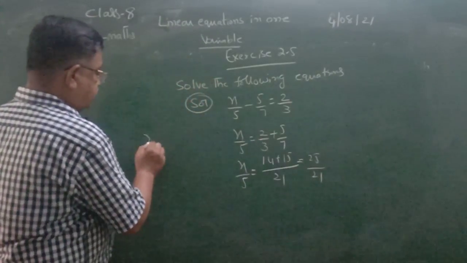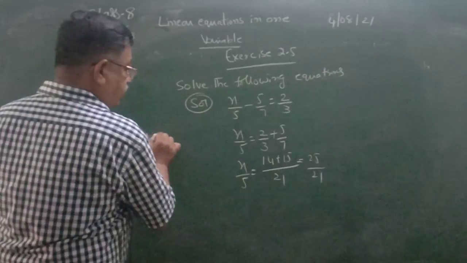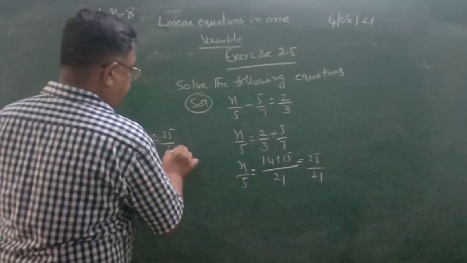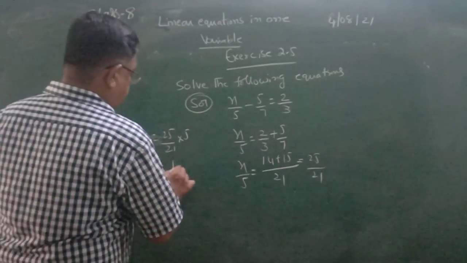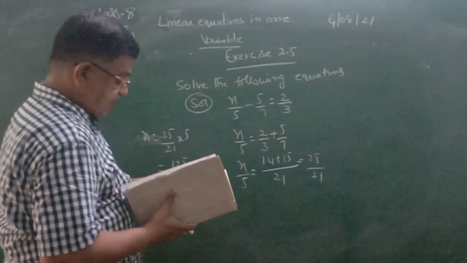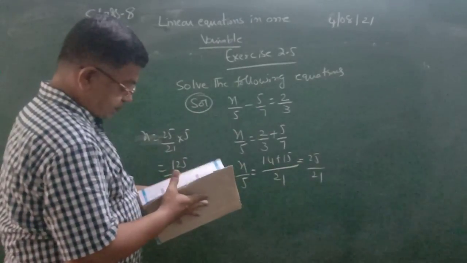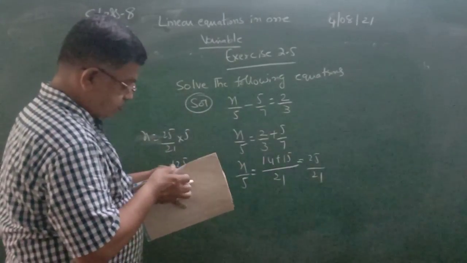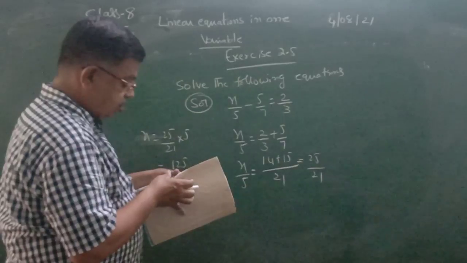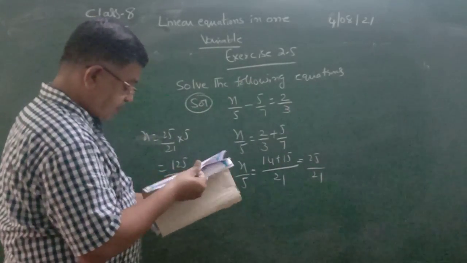Now we need n. N is equal to 25 by 21 into 5. So it is 125 by 21. The value of n is 125 by 21. We can check the answer also. It is exercise 2.5.